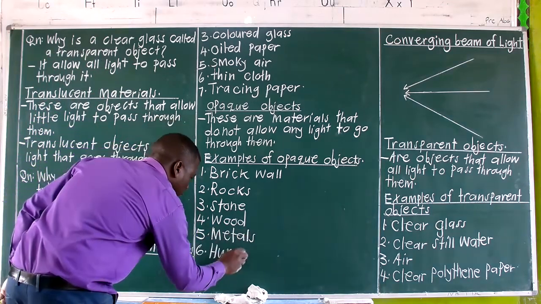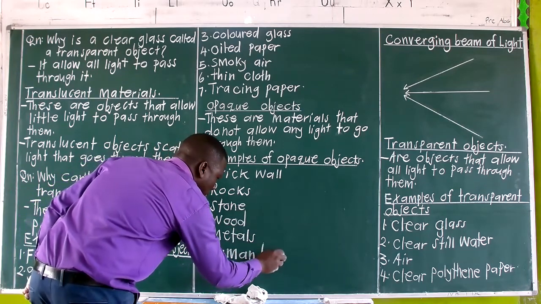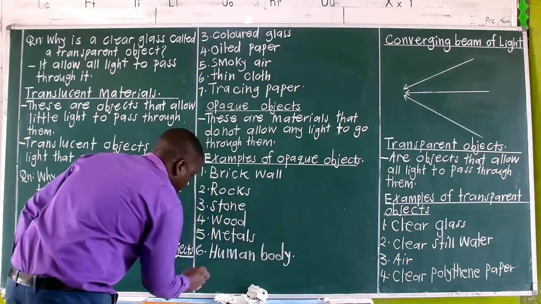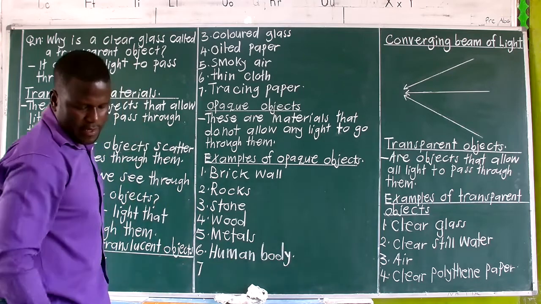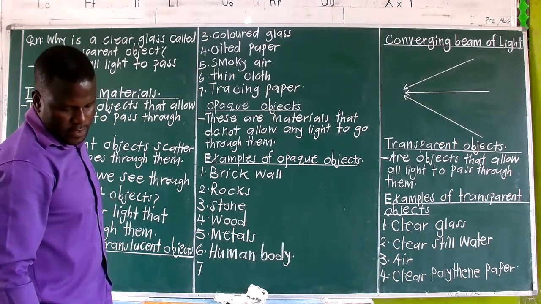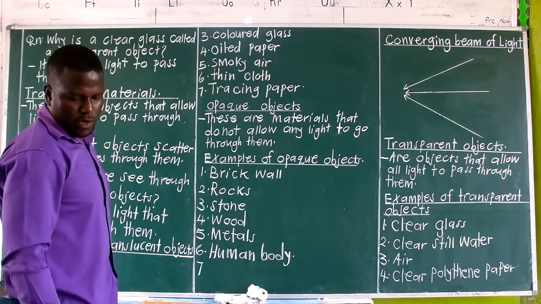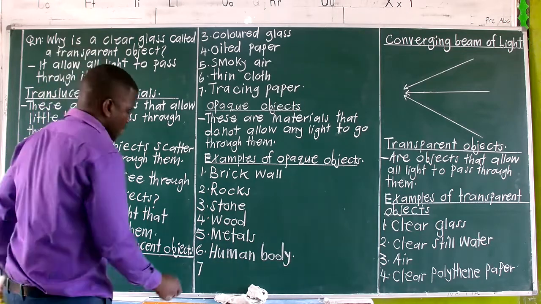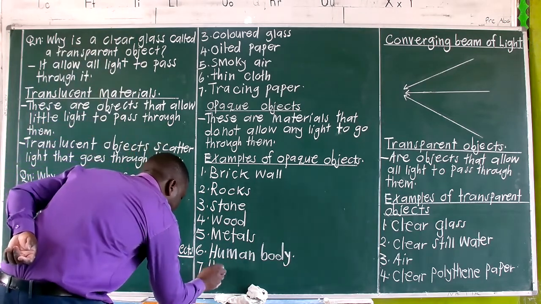All those are called opaque objects. Then we have hard paper.